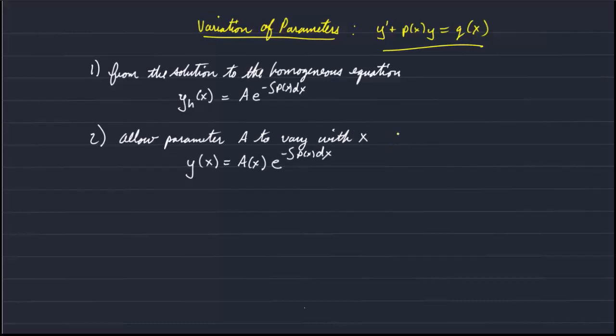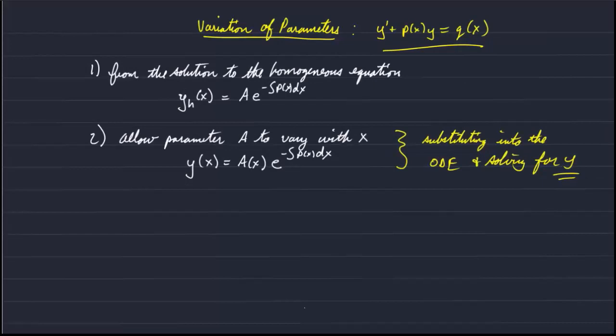So that's a pretty simple, two-step procedure, and the second step is followed by substituting this into the ODE and solving for y. So this is a simple two-step procedure. Hopefully it's simple enough for you to remember how to apply it.